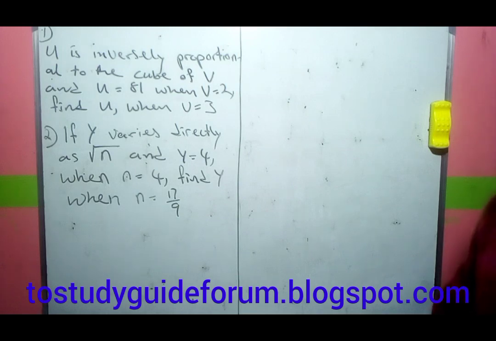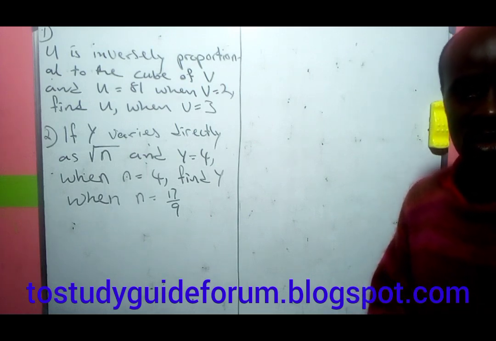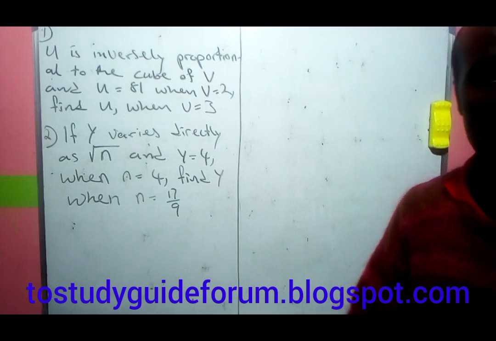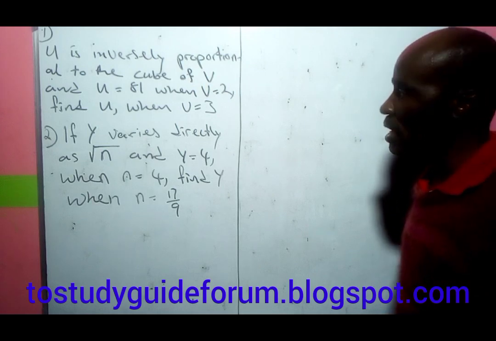Now before you solve this problem, you need to find out the relationship, compare the relationship, and you should be able to get the constant, because the constant is what you need in order to solve this problem. So first, let's look at the relation that they have.